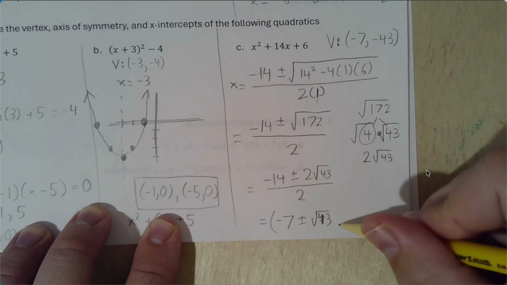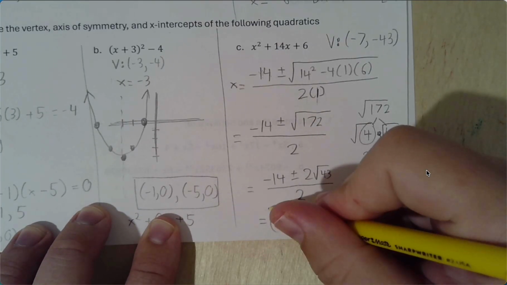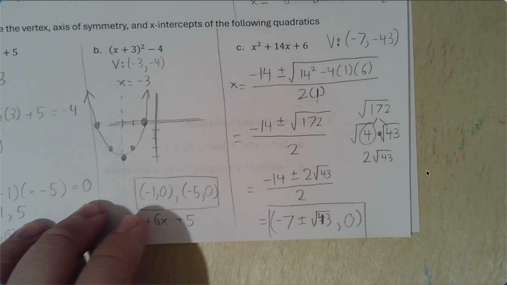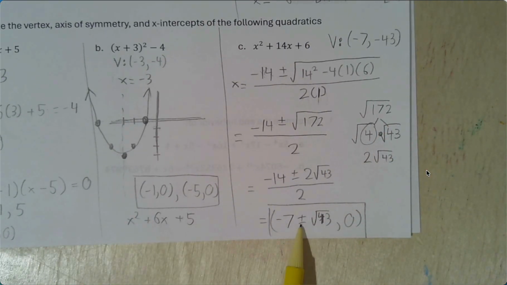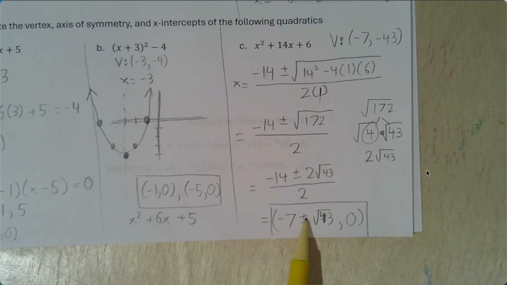And essentially, I'm going to lazily write it like this. These are your x-intercepts. This is the x-coordinate, the one where it's positive and the one where it's negative. You'll need to write both. I'm just lazily writing it as plus minus for myself. And then comma 0, because after all, these are points. That's what the x-intercepts are.